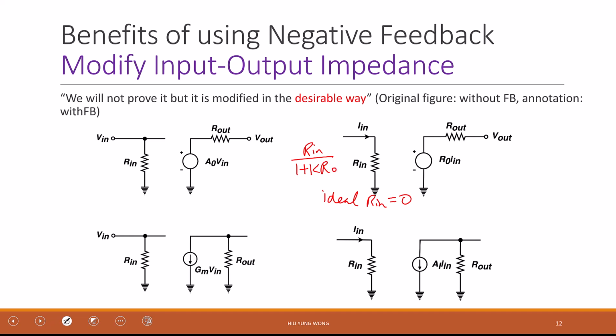Okay. Now, can you tell me what will happen to R out if I tell you that it's going to be modified in the way I want, to make it more ideal? You say increase, why increase? You say decrease, why decrease? Because this is a voltage source.